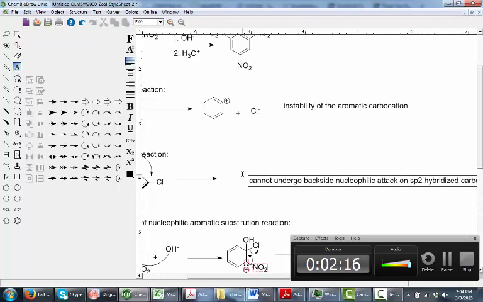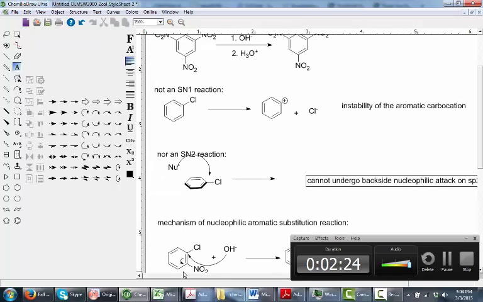That's always going to be the case, and it will be especially true in the context of carbonyl chemistry, which we will get to later on in this semester. So we know it's not electrophilic aromatic, it's not SN1, it's not SN2.